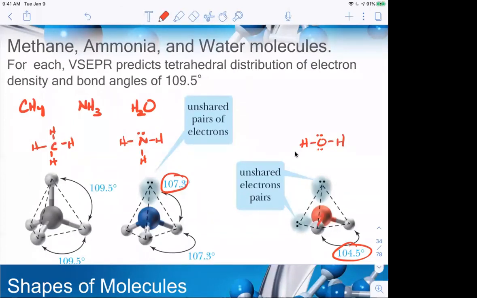But again, the geometry of the molecule is what shape the atoms make without the lone pairs. So this will be trigonal pyramidal, and this will be bent. All 3 of these molecules have a tetrahedral electron geometry, but for ammonia I have a trigonal pyramidal molecular geometry, and for water I have bent.